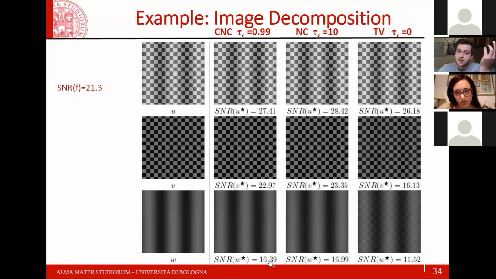That does not mean it's wrong or not well separated. It means that the combination of them, let's say this was 0.8 and this was 0.2, is used in order to create the image when we combine the two components.